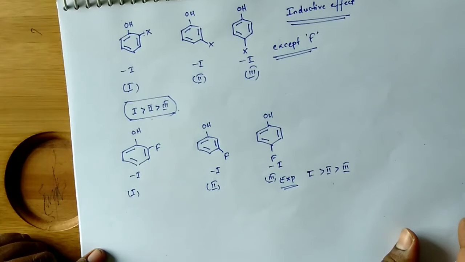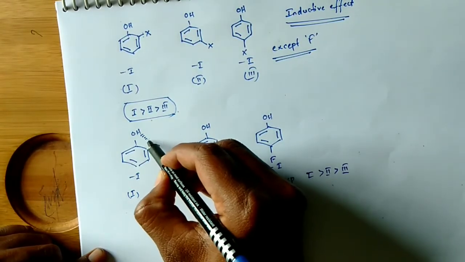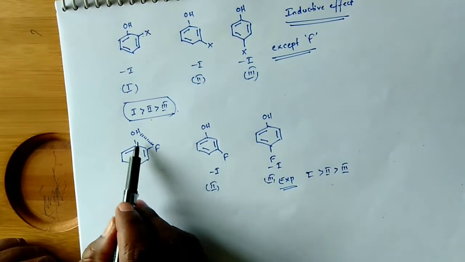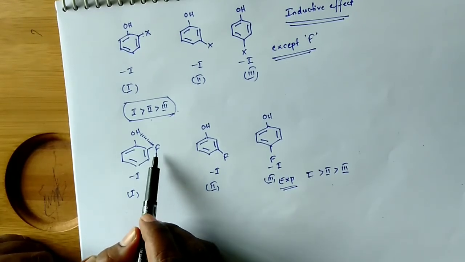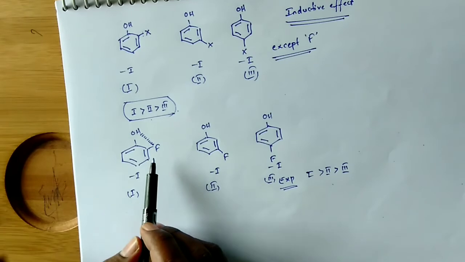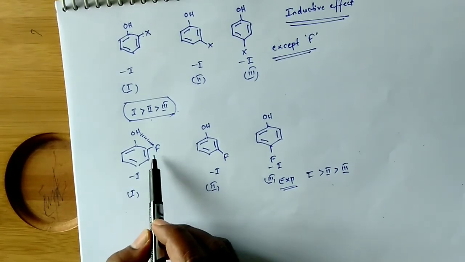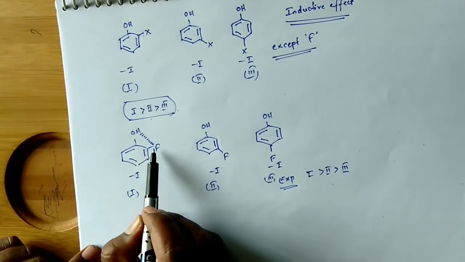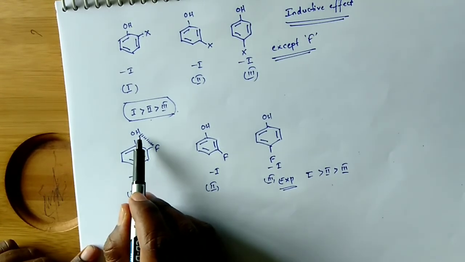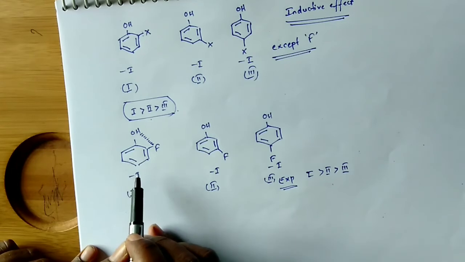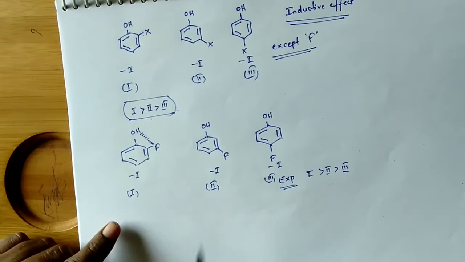Okay, what happens here is that a hydrogen bond forms between this hydrogen and the more electronegative atom F. This is only in the case of the ortho substituted one, fluorine substituted at the ortho position. So due to formation of this hydrogen bond, this species will show less tendency to furnish the H plus ion, so it shows less acidic nature.